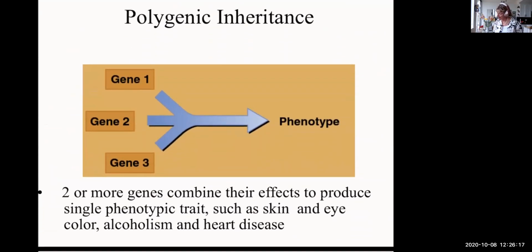Polygenic inheritance is when there is more than one gene that gives you the phenotype. So two or more genes combine to produce a single phenotypic trait. Skin and eye color are like that. For eye color, for example, there is a brown allele, a blue allele, and a green allele, and they are on different chromosomes.